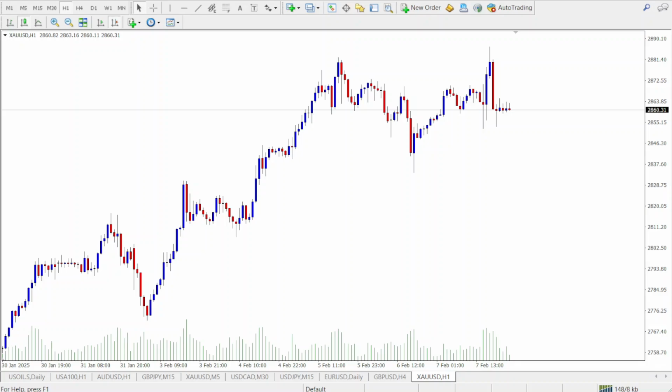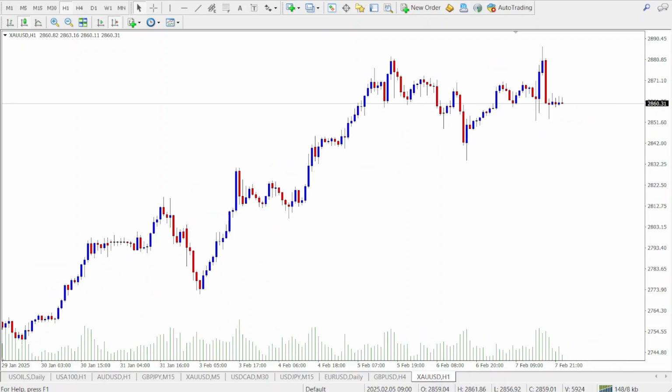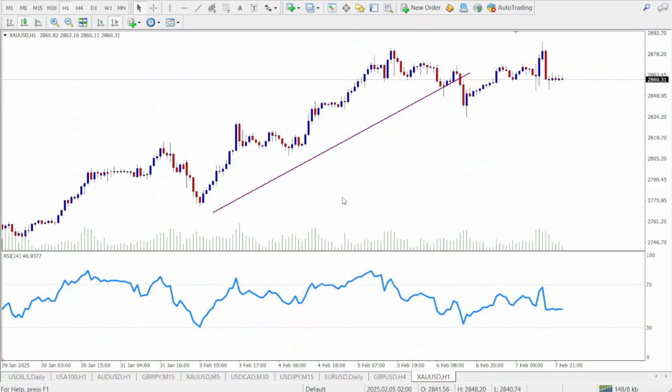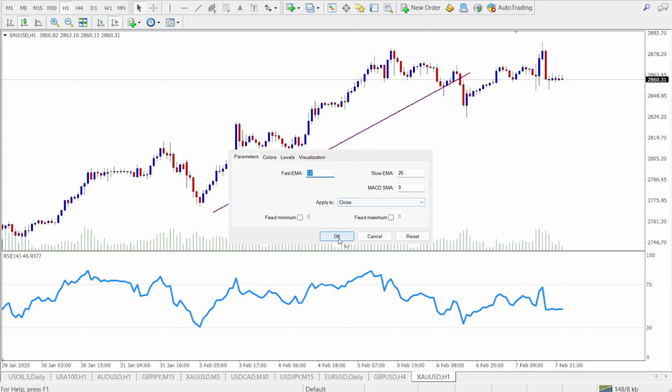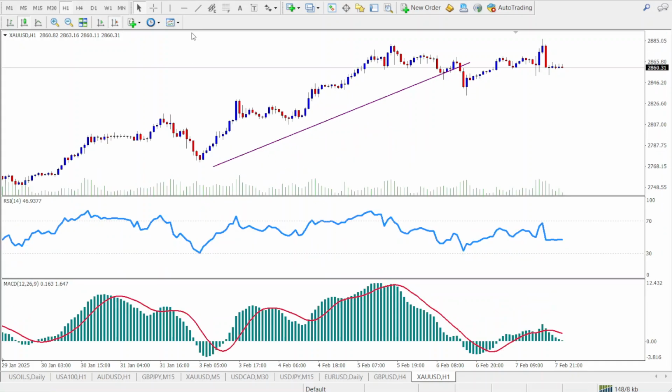Now, let us just get into it. Okay. Divergence occurs when price action moves in one direction, while an indicator like the RSI or the MACD or the stochastic moves in another direction.